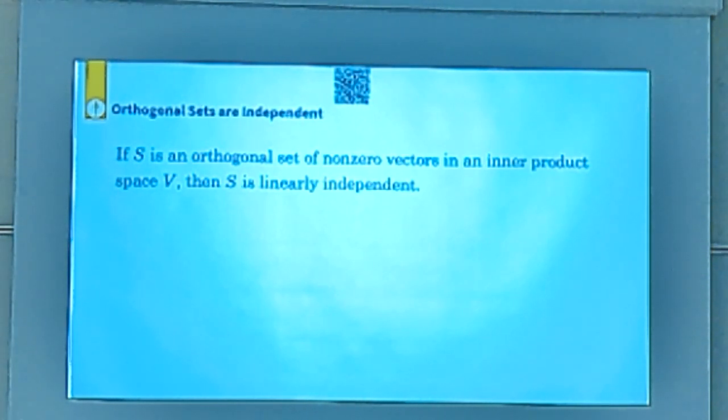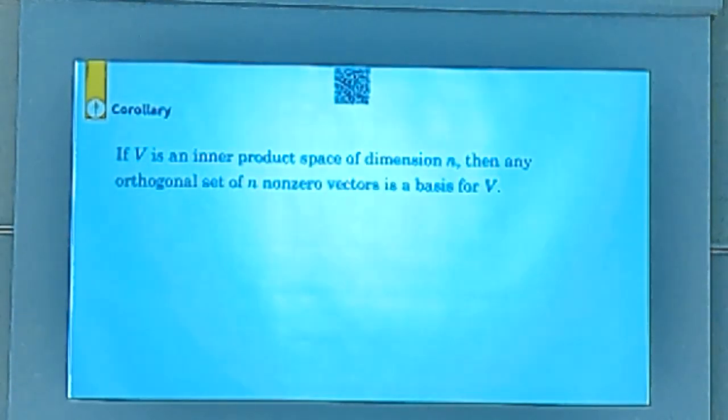As a direct corollary, if V is an inner product space of dimension n, then any orthogonal set of n vectors would be a basis.